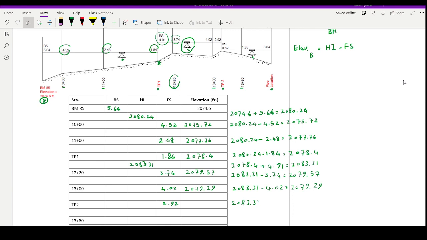Don't forget, I will use this elevation to find the next height of instrument because I'm going to relocate my instrument.